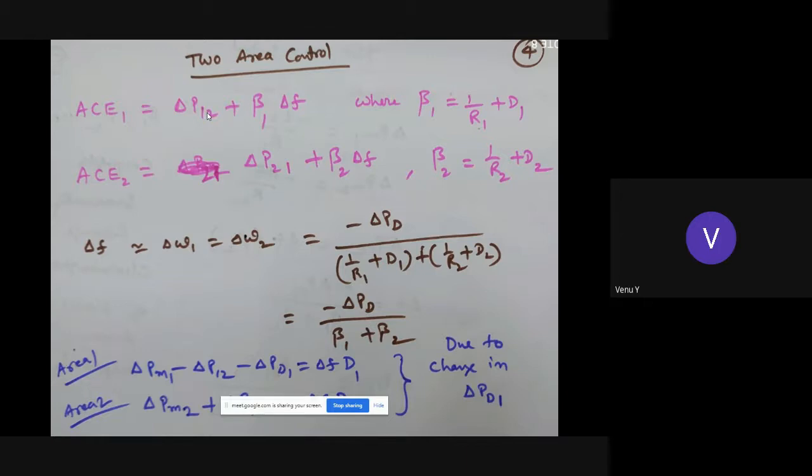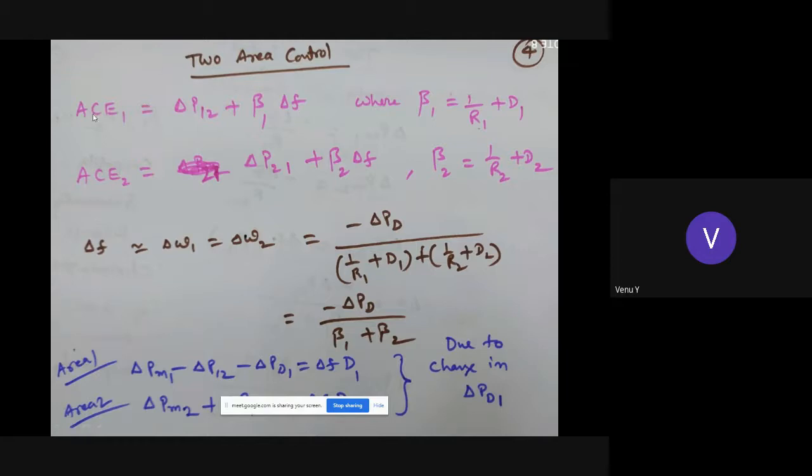Therefore, in each area the area control error can be obtained partially to compensate the tie line power and partially to compensate the frequency droop.